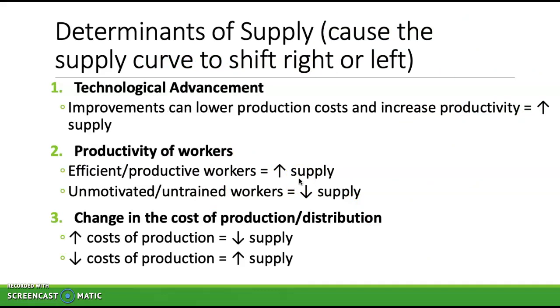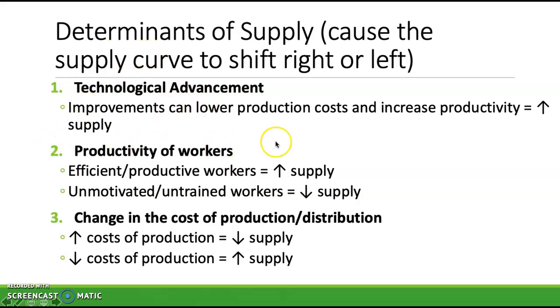If a company makes investments in new technologies, whether it be new machinery, new equipment, new computer systems, whatever it may be, and those technological advancements improve their productivity and lower their production costs, then generally companies will increase their supply as well. Technological advancements generally help to increase supply. If a company doesn't have a lot of technological advancements, then they might have a lower supply. So the opposite could also be true.